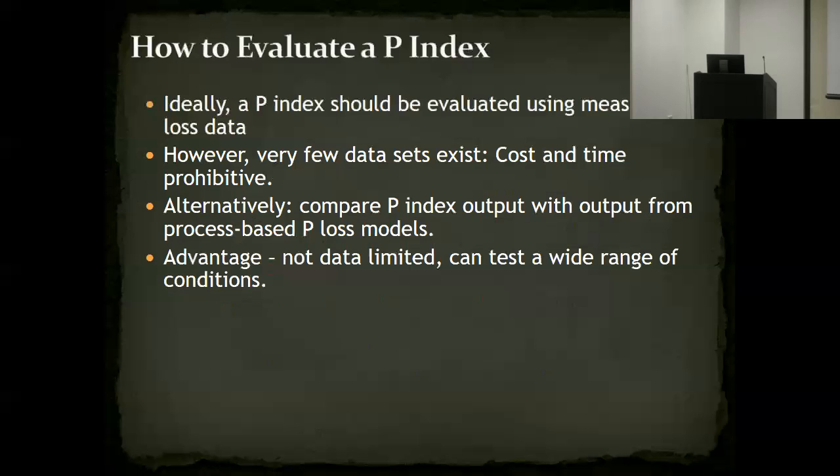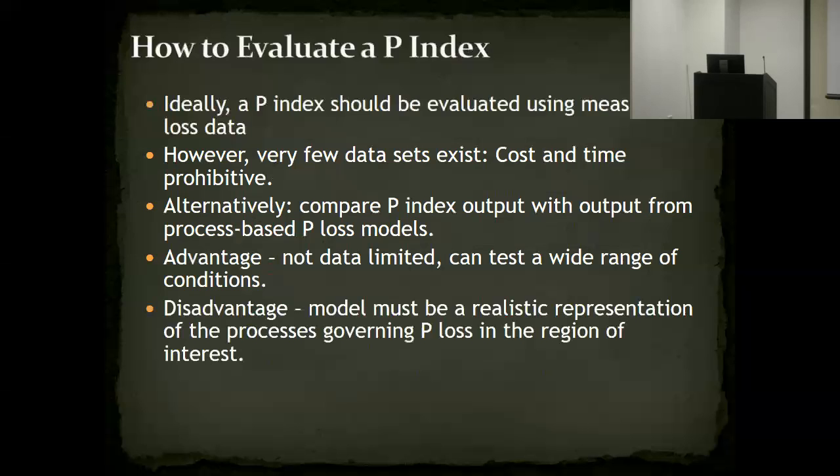Now, the advantage of this is you can run your models under a bunch of different conditions, get predictions of phosphorus loss, take those same conditions and whatever parameters you include in your index, put them in your index, and see if your index is correlated with this more rigorous model.